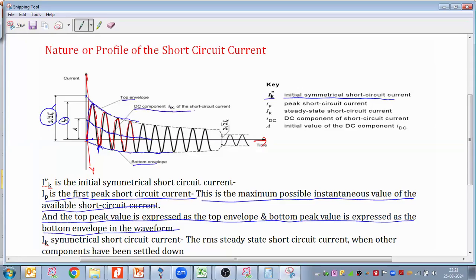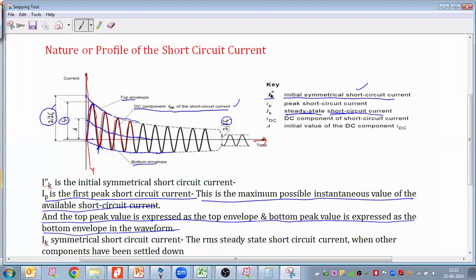DC component, IDC of short circuit, we have already discussed. Then 2√2 IK. IK stands for the steady state short circuit current. I double dash K is the initial symmetrical short circuit current. IK, steady state short circuit current.